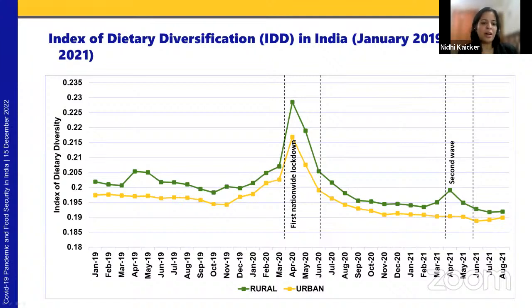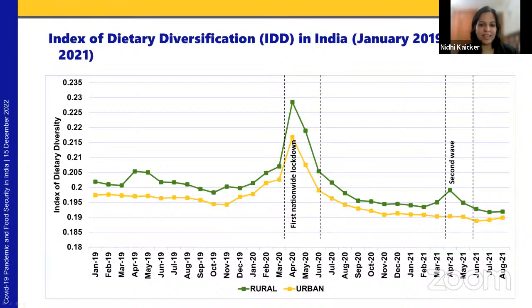If we look at our results from the CPHS over the last 2.5 years, we find that, as expected, urban areas show greater diversity compared to rural areas. That's why the yellow line is lower than the green line, but we see a very steep increase at the onset of the pandemic.